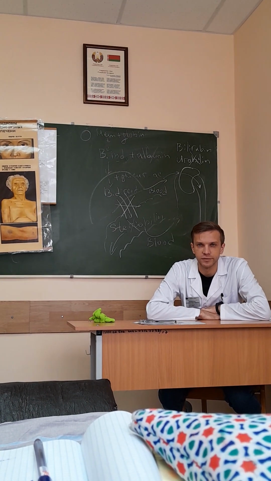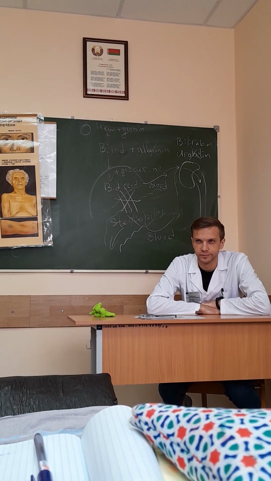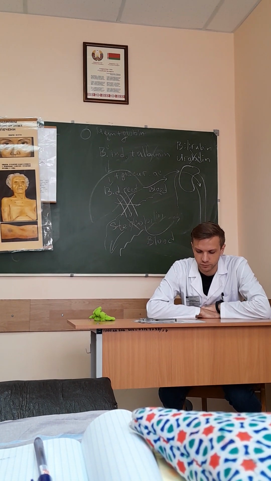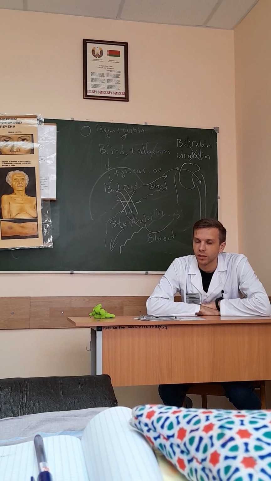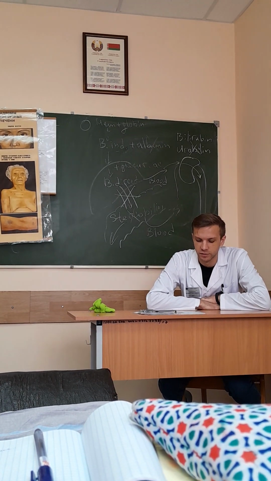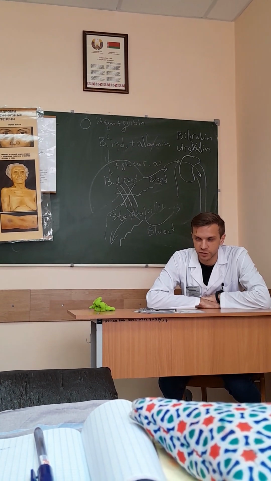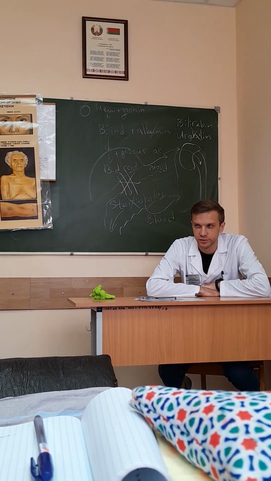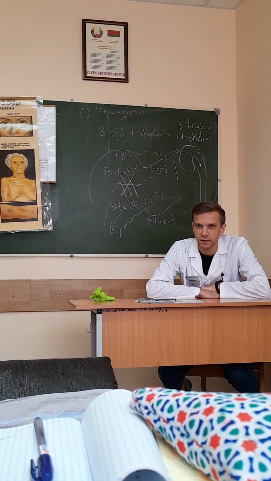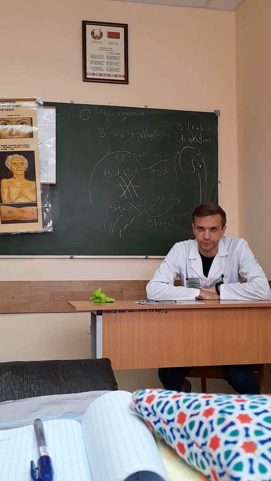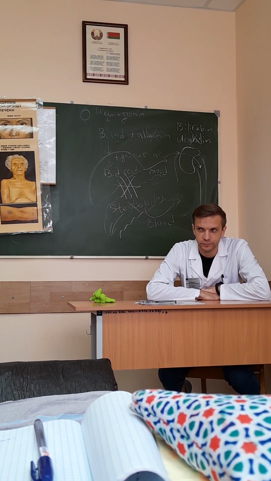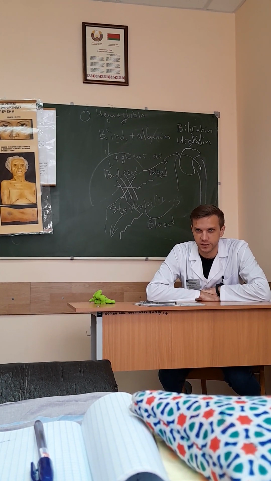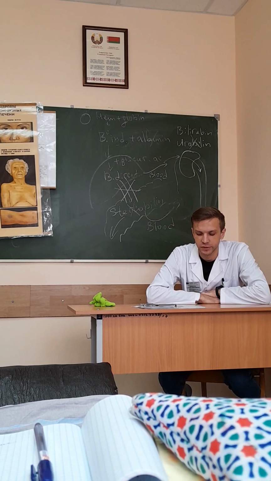It will increase if it is pancreatitis. Next indicator, щелочная фосфатаза in Russian, alkaline phosphatase in English, or ALP. Alkaline phosphatase is the main marker of cholestasis. It's a component of bile too.